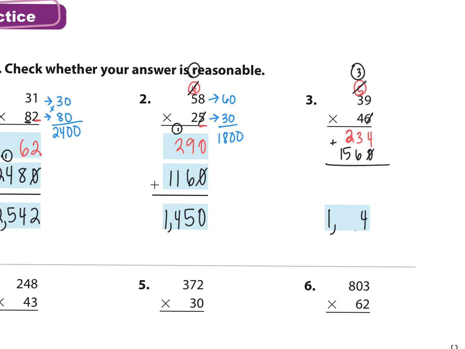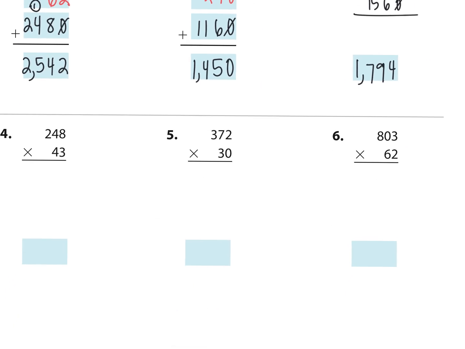Now I have to re-add my numbers. Okay, so number 3 again, 1,794.